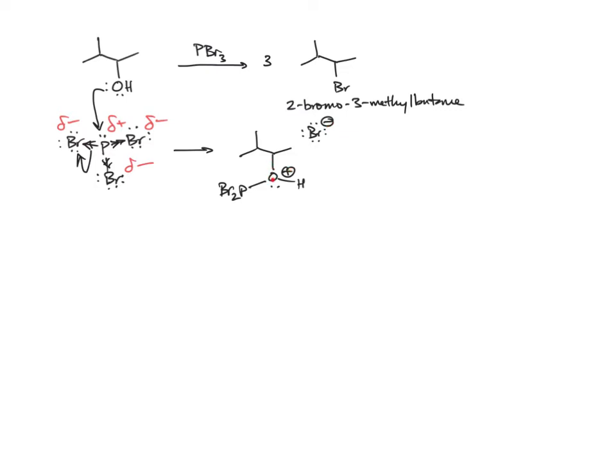Now this bond is activated to cleave because the oxygen is bearing a plus charge. So this will attack. This will cleave, and again, this bond breaks. The electrons go onto oxygen because it's electron deficient at this point, and it can accept them. So when that happens, we end up with our product.